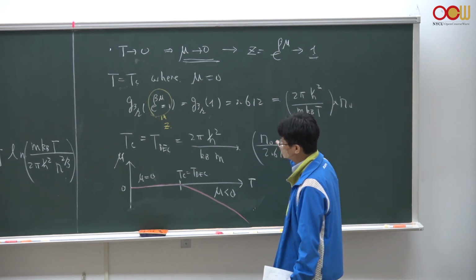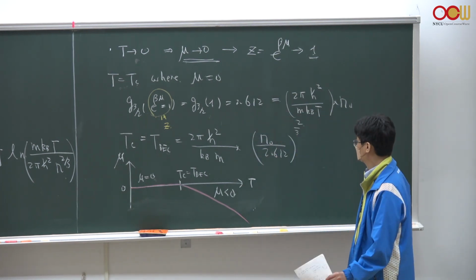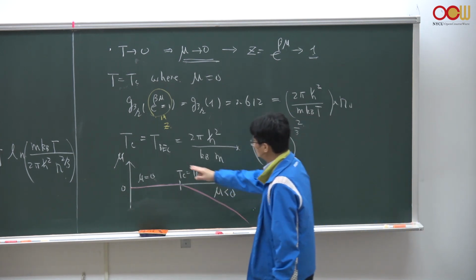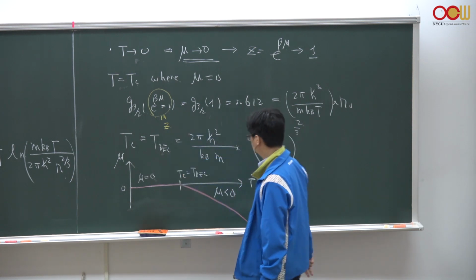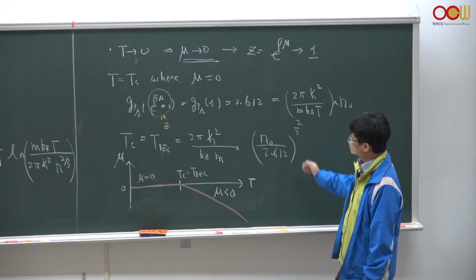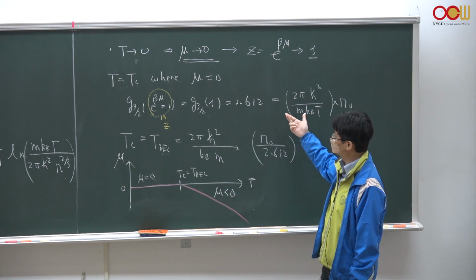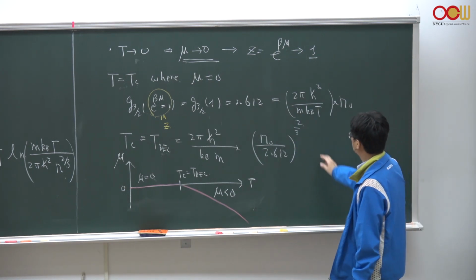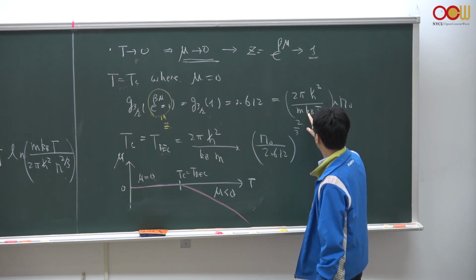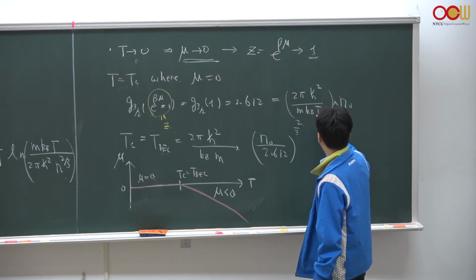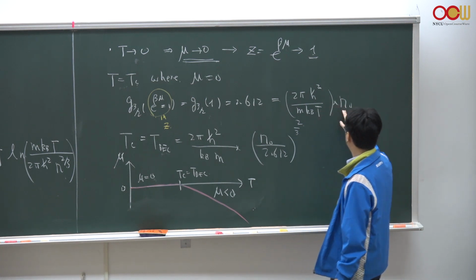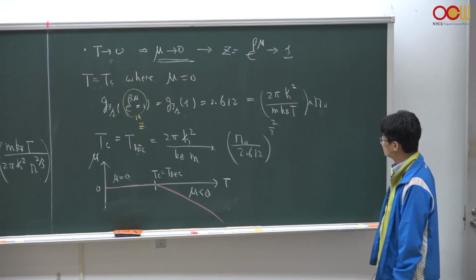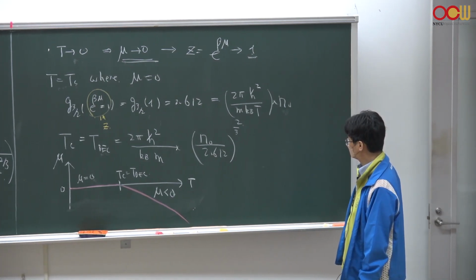So there will be a macroscopic condensate of bosons when the temperature goes below T_BEC. In other words, this equation can be satisfied when the temperature is below T_BEC, and as you lower the temperature even further, you get more and more of a percentage of your bosons in the condensate state.